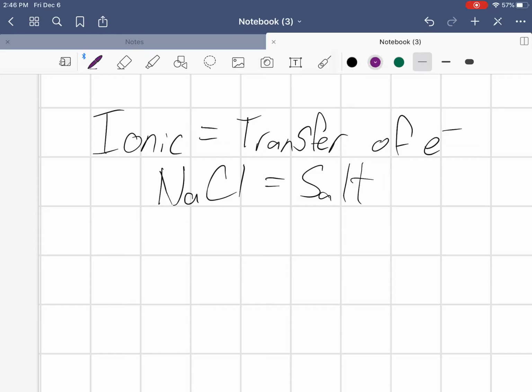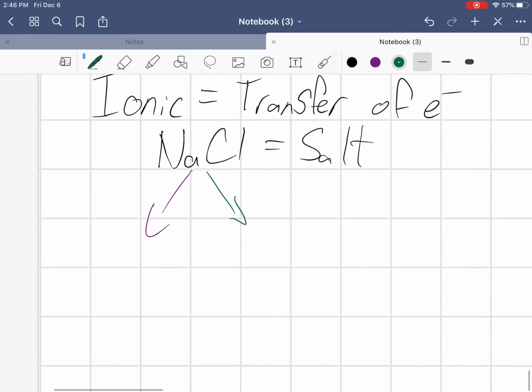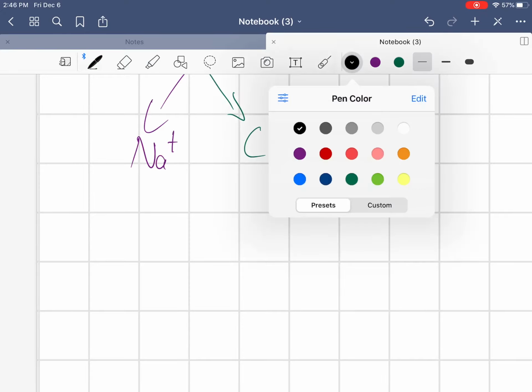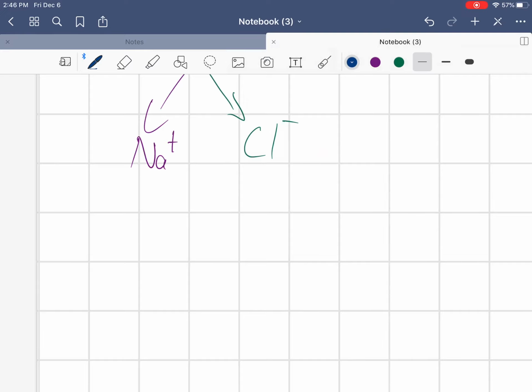Okay? And in this example, when you put salt in water, it will break apart into its different ions, is what they're called, and you'll have this chloride or chlorine ion and a sodium ion. Okay? Now, they both have their charge, sodium being positive, chlorine negative, and if you remember, water itself has a charge.